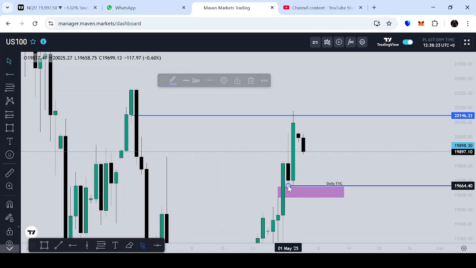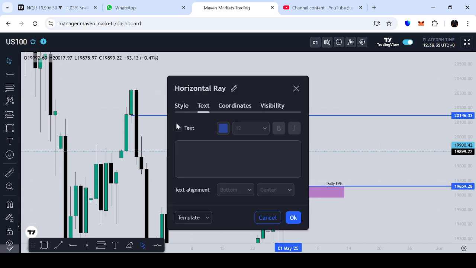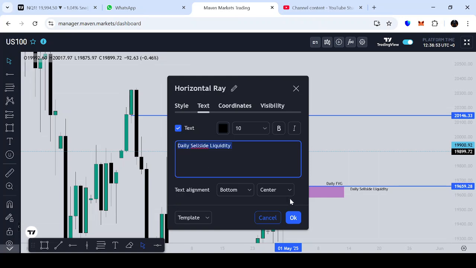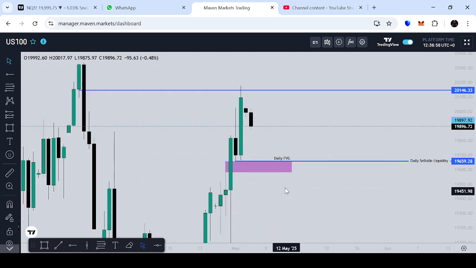So the algo will seek the low of this May 1st candle, which is acting as a sell liquidity. Annotate it as daily sell liquidity.